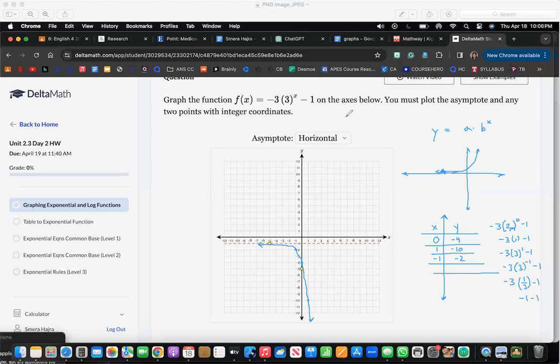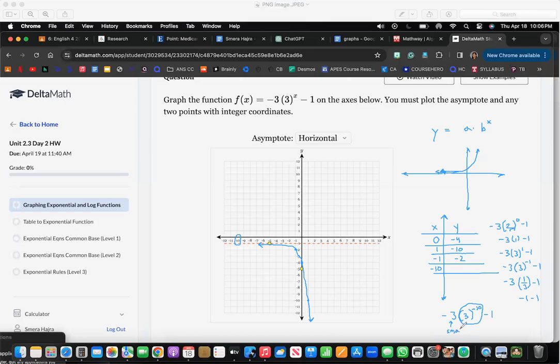Now, to determine the asymptote, a lot of times it is this number here, -1. You could also determine that by plugging in a number way down here, like -10, to see what happens. You don't need to get the exact number, just the idea about what happens. Without actually computing it, 3 to the -10 is a very small number. -3 times all this is going to be small.